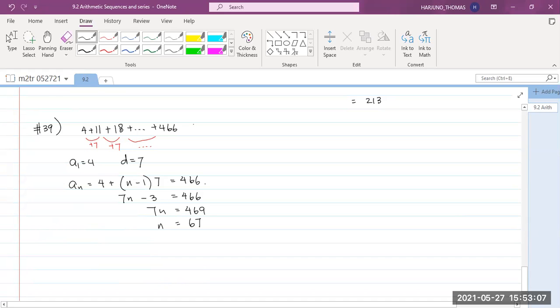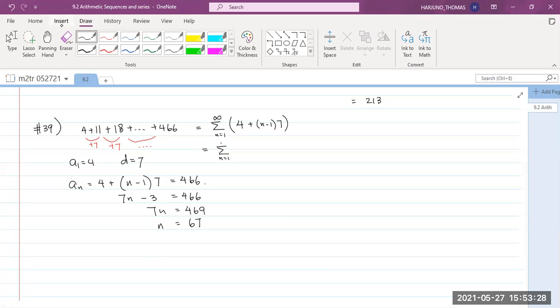So the summation notation now becomes the sum from n equals 1 to infinity. The first term is 4 plus n minus 1 times the common difference 7, which of course we simplify, right? I'm sorry, not infinity, 67.